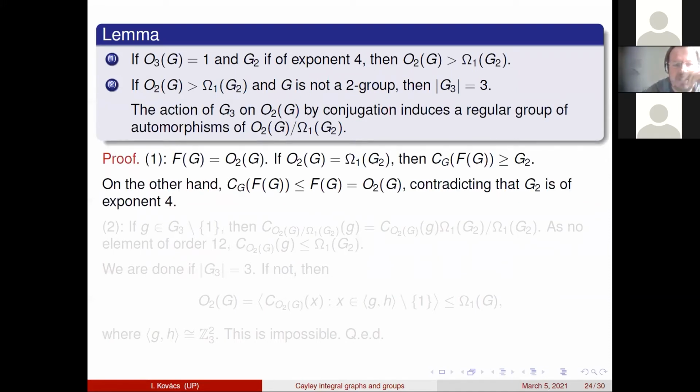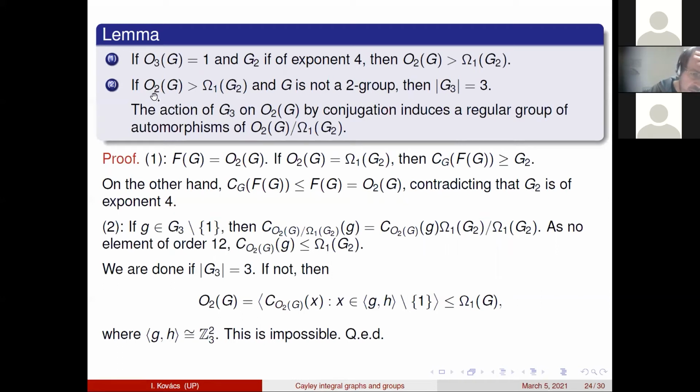You use the Fitting subgroup: because Omega_3(G) is 1, the Fitting subgroup should be Omega_2(G). Because Omega-1 of G_2 was the center of the Sylow 2-subgroup, the centralizer of this one contains the Sylow 2-subgroup, so you get this condition on one hand. On the other hand, the centralizer of the Fitting subgroup is contained in the Fitting subgroup, and you will get this other relation, and that would contradict the fact that G_2 is of exponent 4.